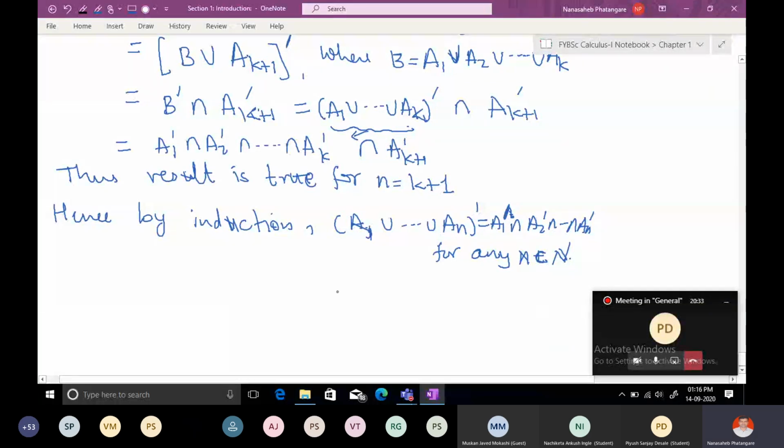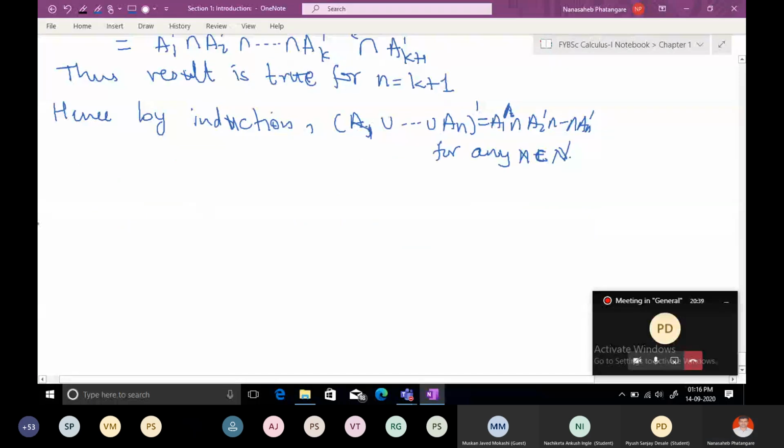So now similarly you can prove the second statement. What is the second statement? If you have n sets A1, A2, up to An, the complement of their intersection is the same as A1 complement union A2 complement and so on up to An complement, for any natural number n.